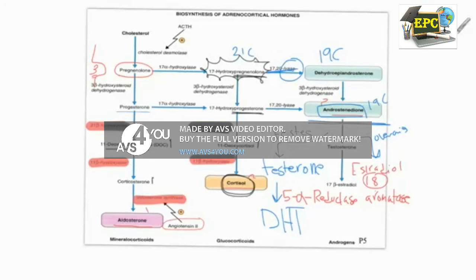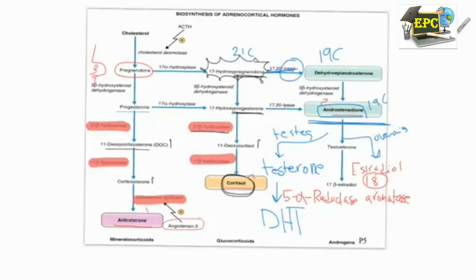We stop in the adrenal cortex by the formation of androstenedione, and that's it. The continuation depends on the sex of the secondary sexual organs. So, for example, the testes would continue into testosterone and give off the dihydrotestosterone.